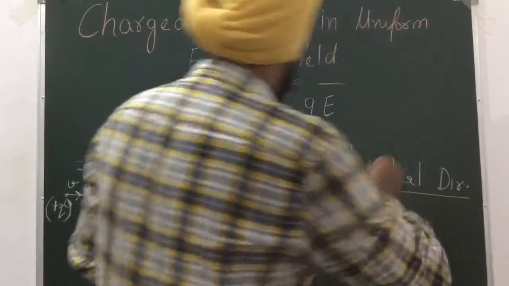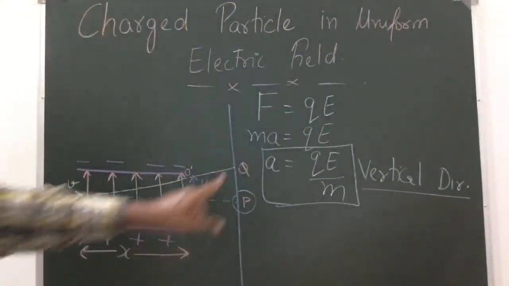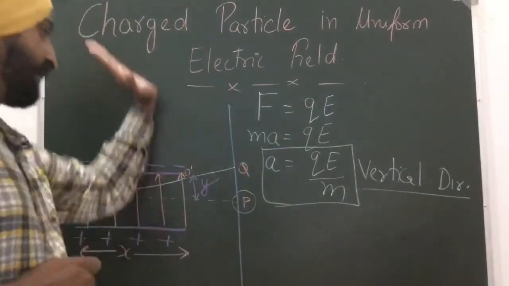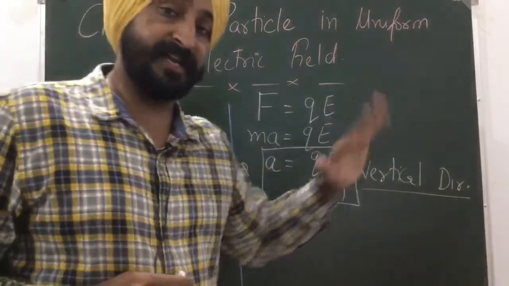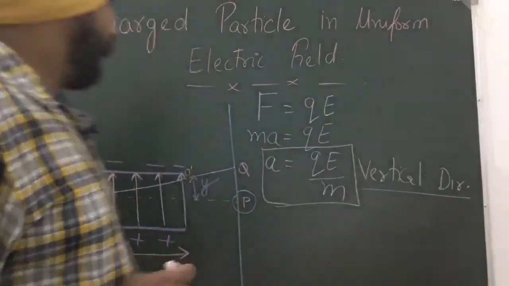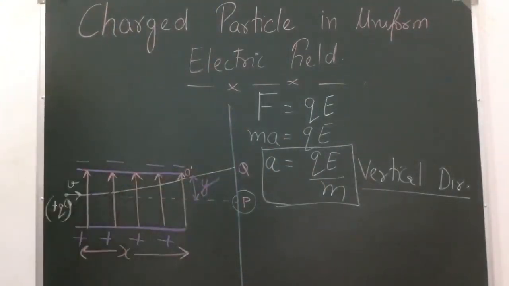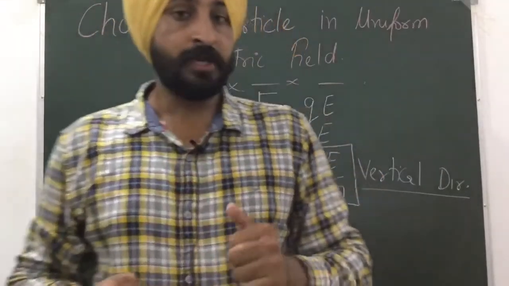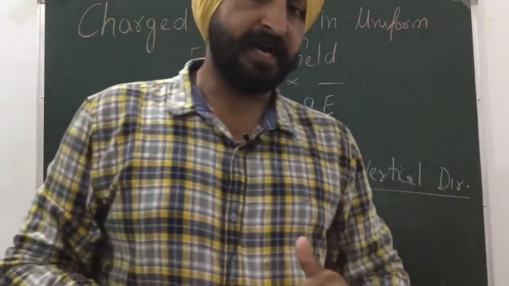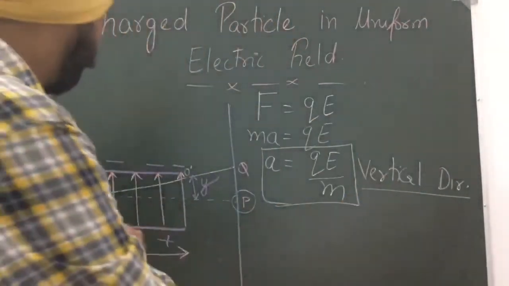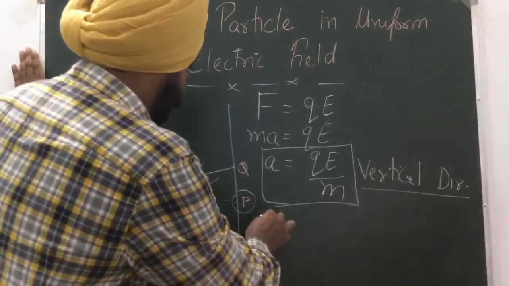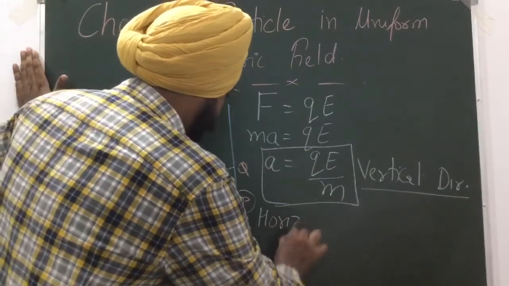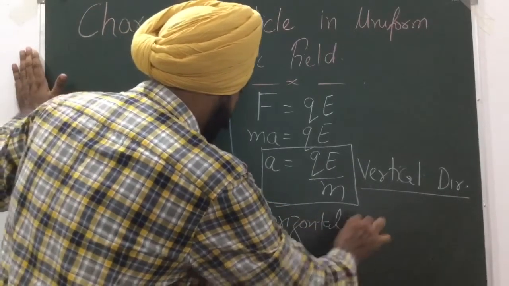This is an important point that you must keep in your mind, that the direction of this acceleration is in the vertical direction, in the upward direction. This acceleration is not acting in the horizontal direction. Fine. So this is the formula for acceleration. Now, if you want to apply equation of motion over horizontal and vertical path, what we are going to get is, suppose we are applying on horizontal motion first. On horizontal motion.